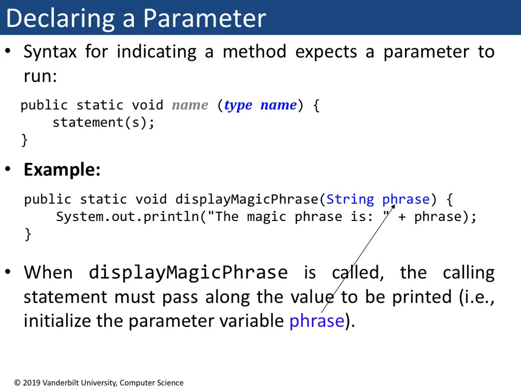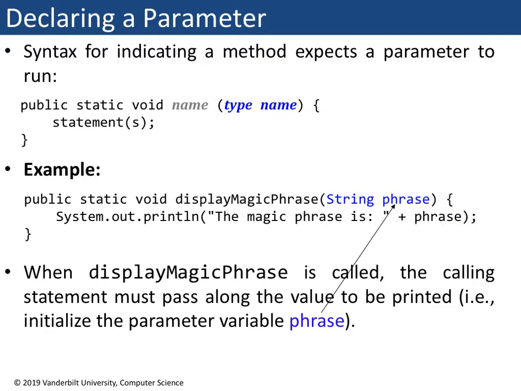So in this first statement, we have a print line statement, and then we have a string, "The magic phrase is:", and then we are ending the string, and then we have an addition operator, the plus, and then we have phrase. So what's going to happen is this string is going to be concatenated with whatever string has been passed to the method by the caller.